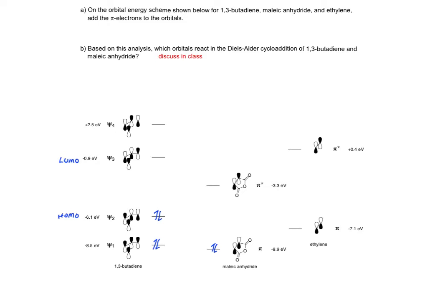For maleic anhydride, the electron-withdrawing carbonyl groups lower the energy levels of the HOMO and the LUMO. Compare these energy levels for maleic anhydride with the parent alkene ethylene, in which the HOMO is now at a higher energy of minus 7.1 electron volts.